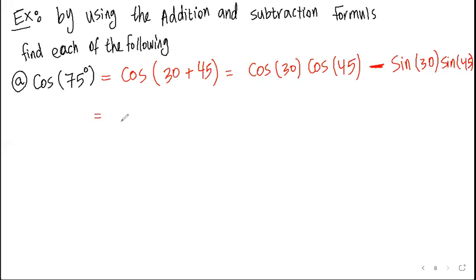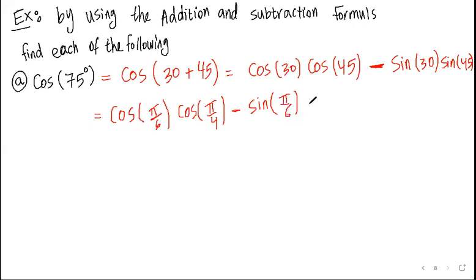If I change it to radians, it would be the same. Maybe you are more familiar with radians. So this is cosine of pi over 6, cosine of pi over 4, minus sine of pi over 6, sine of pi over 4.